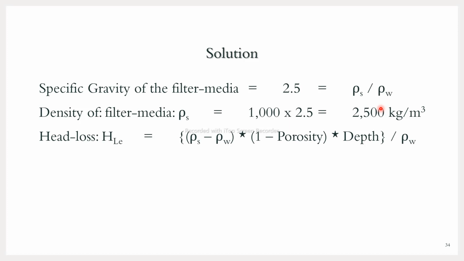So that's why we are subtracting, because it is rho s by rho w, that means 2.5 minus 1. So we are subtracting the specific gravity of water from the specific gravity of the filter media. That's why we are taking the difference. If you do the derivation, then you will understand.